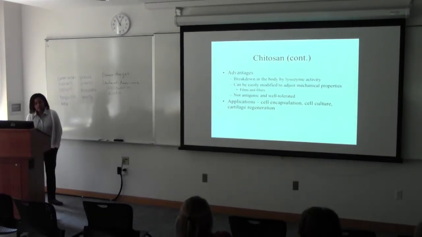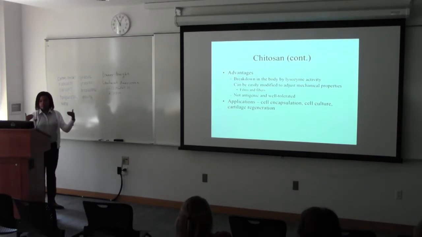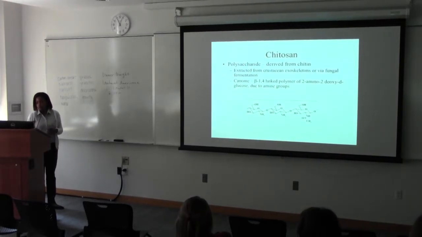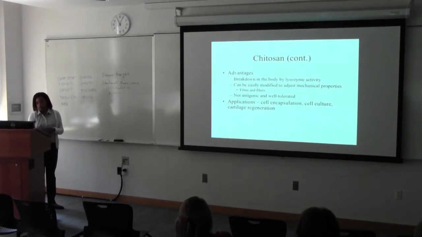But you really have to modify the chitosan, as there's no way for cells by themselves to bind to this material. There isn't anything in the structure for the cells to really interact with. You have to add additional proteins or peptides to make it biologically relevant.